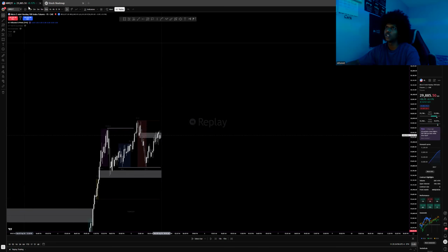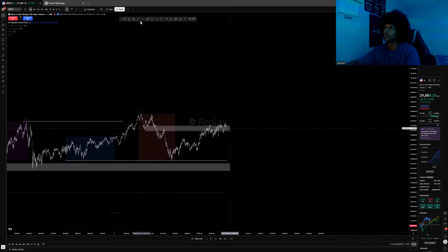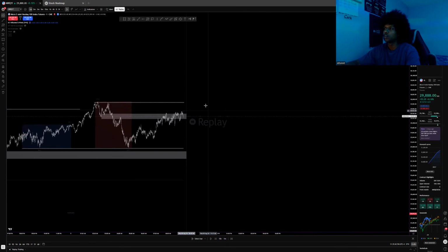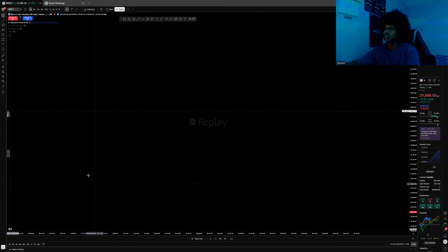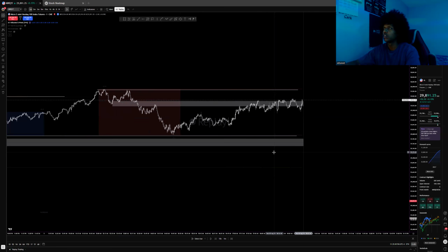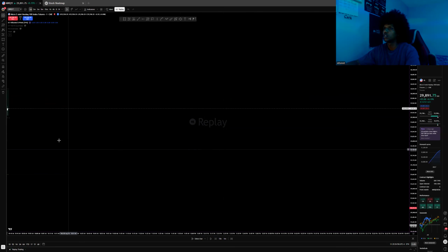So I'm going to look for a sell entry again. But before that, we need to see a liquidity sweep, or this gap between to get hold. Got the liquidity sweep.